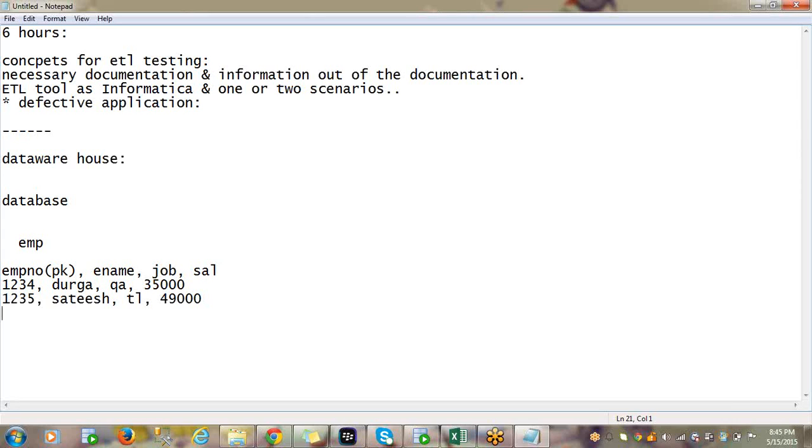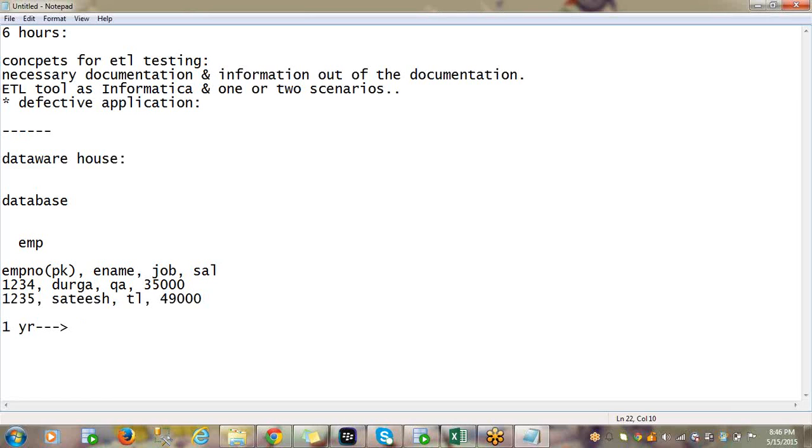Now, if you see this particular table, what are the columns that can change over a period of time? Every year we have an appraisal kind of system, right? We have a salary hiking process. Let's assume that after a year both Durga and Satish are sticking to the same organization, so they have reached their appraisal time.